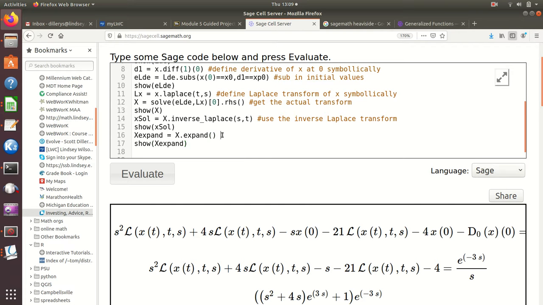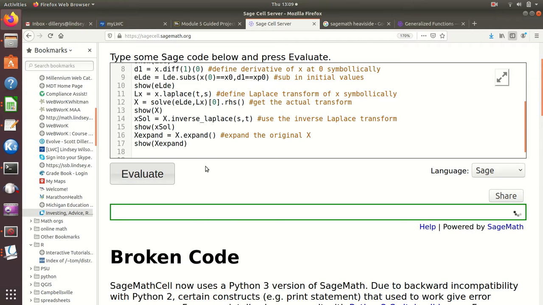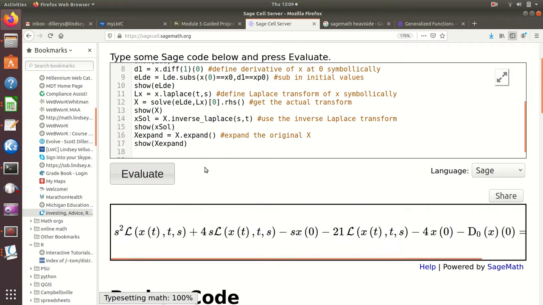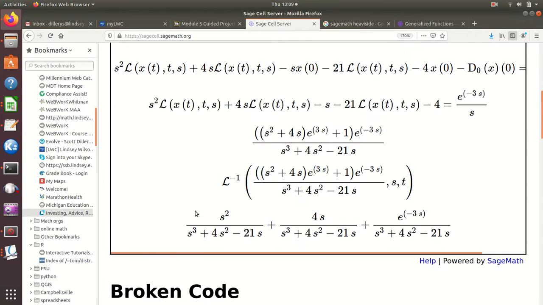So here I want to expand the original x, and I'll show that so we can see what it looks like. We come down here and notice that it looked like this up here, and now it looks like this.